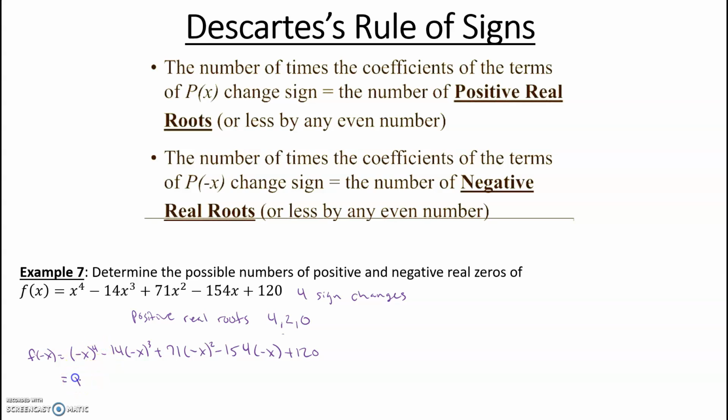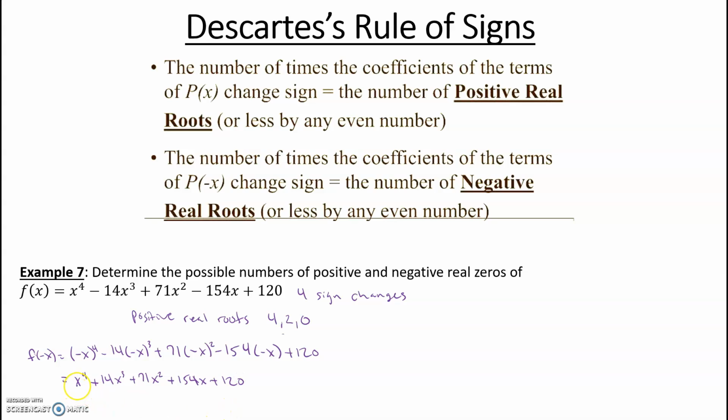Negative x to the 4th is just x to the 4th, right? Becomes positive. Negative x cubed times negative 14 becomes positive 14x cubed, right? Because a negative times a negative gets me a positive. Negative x squared times 71 is 71x squared. Negative times a negative makes a positive 154x. And plus 120.